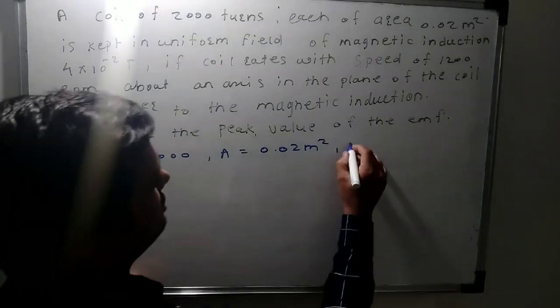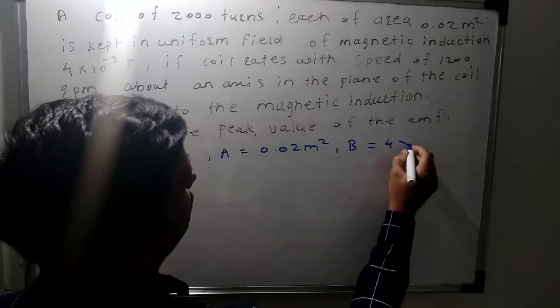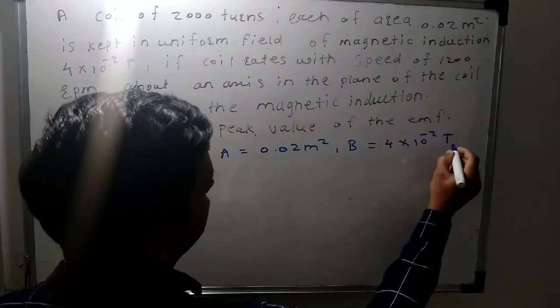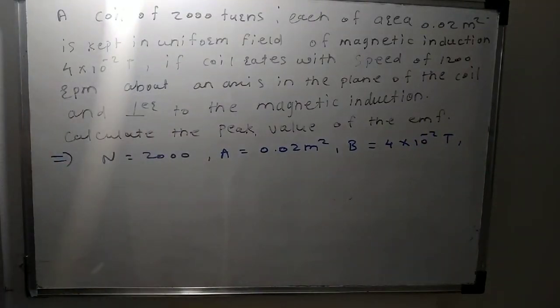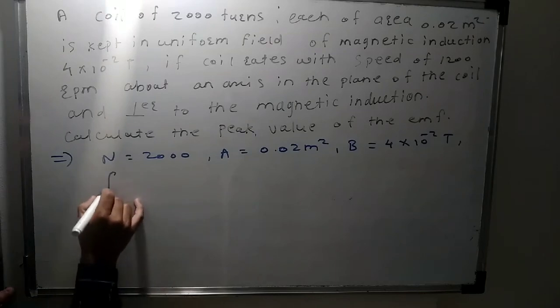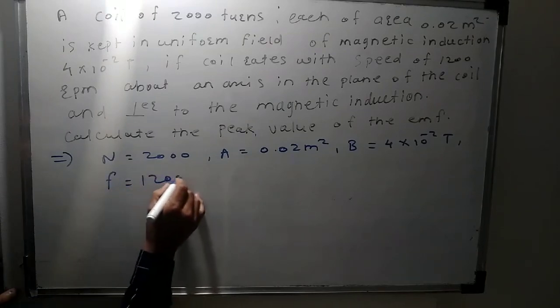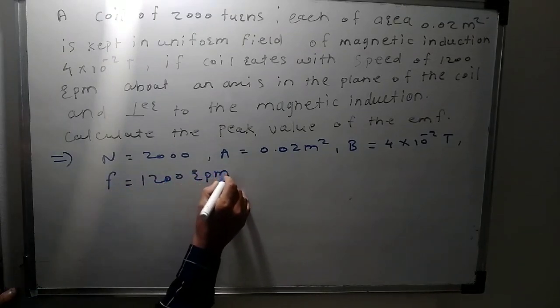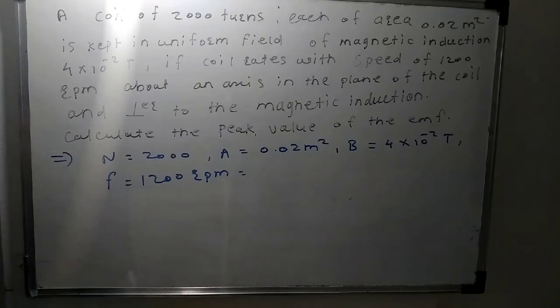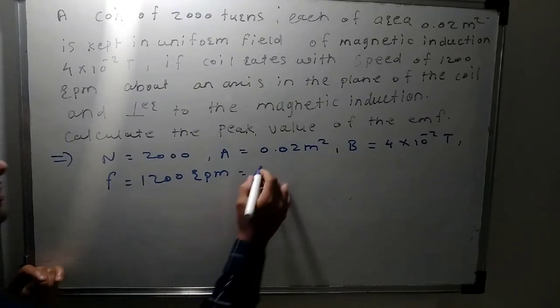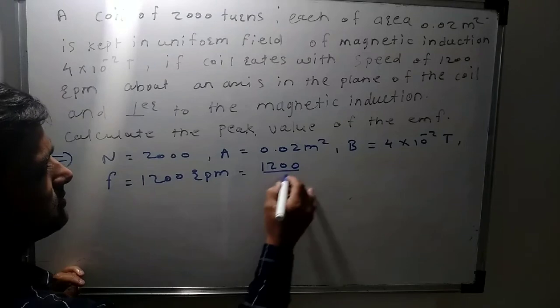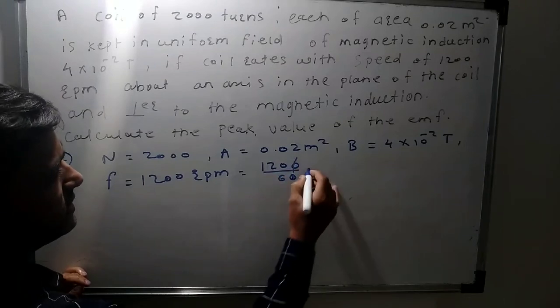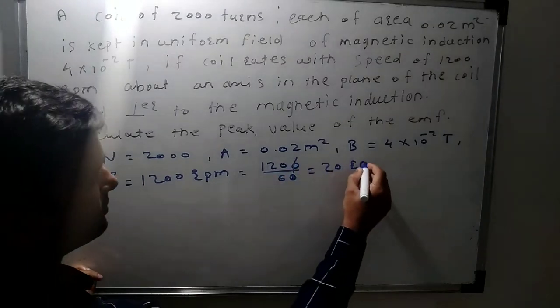So magnetic induction B is given as 4 into 10 raised to minus 2 Tesla. The coil rotates with the frequency given as 1200 RPM. If we want to convert it into RPS, we divide this by 60. Then it becomes 20 RPS.